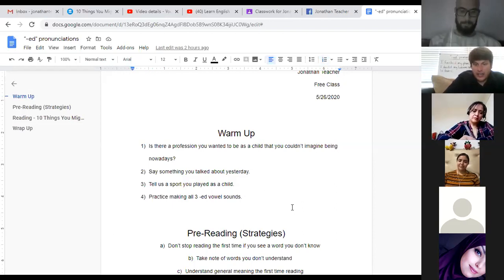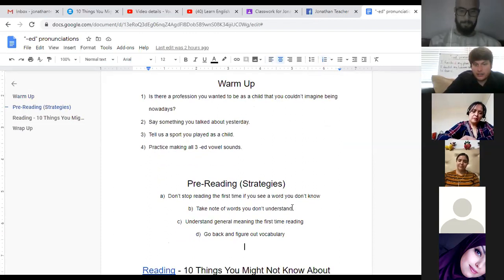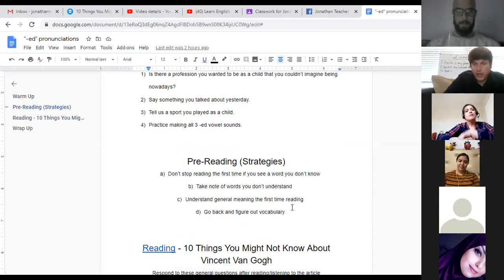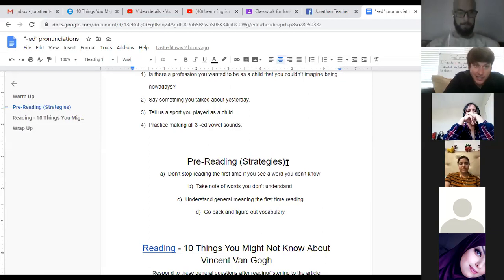Now I want to get to the reading article, and I think this will be a really good way to practice this pronunciation, because the traditional methods are good, but they get a little boring after a while. You should not just study grammar or pronunciation by itself. You should put your concepts into context so that you can learn more effectively.